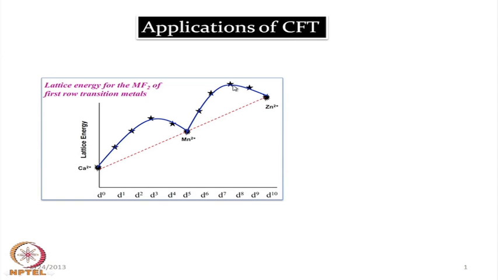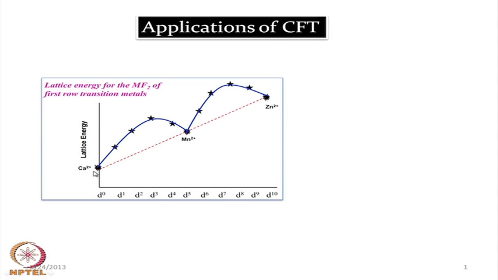Similarly, beyond d8, when pairing occurs, and the situation is completely half filled for manganese 2 plus, the situation is like calcium 2 plus. So, from here this double hump curve forms again, that means again 1 electron, 2 electrons and 3 electrons in the t2g level. Then we have one in the eg level and the second also in the eg level.